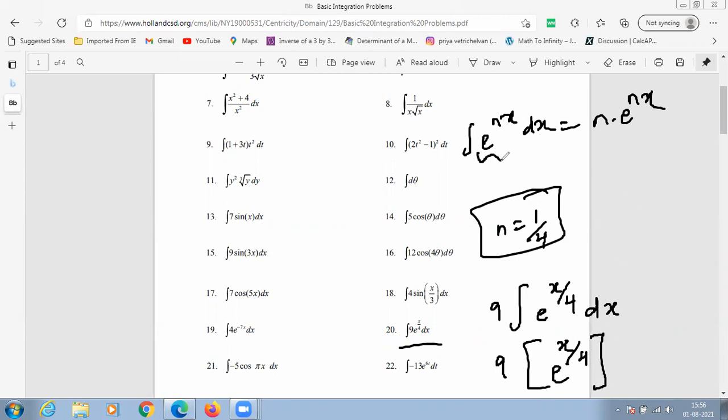You are just writing the e power nx as e power nx, and you are just multiplying the e power nx by its n, right? So what is the value of n here? Here the value of n is 1 by 4. So that you will be multiplying. So it's 9 into 1 by 4, which is 9 by 4. 9 by 4 into e power x by 4. So this is the result for question number 20.